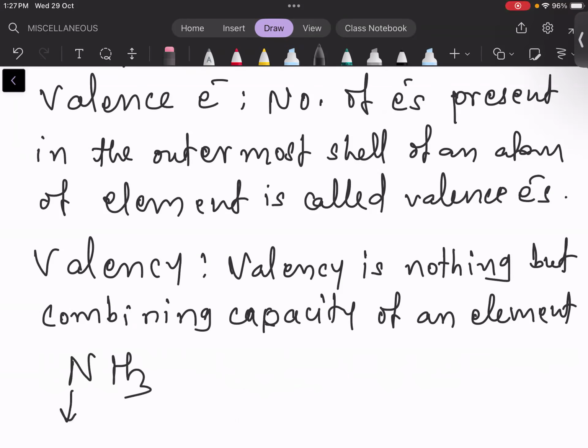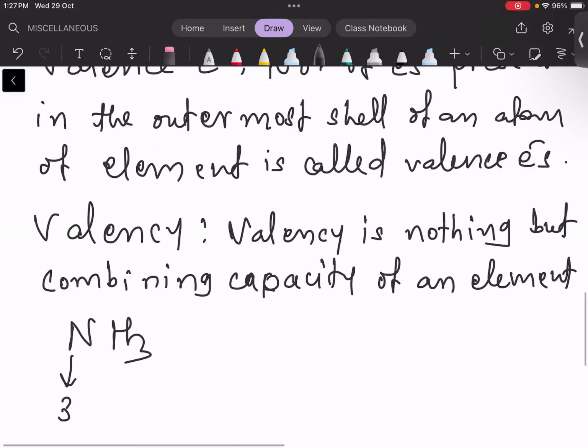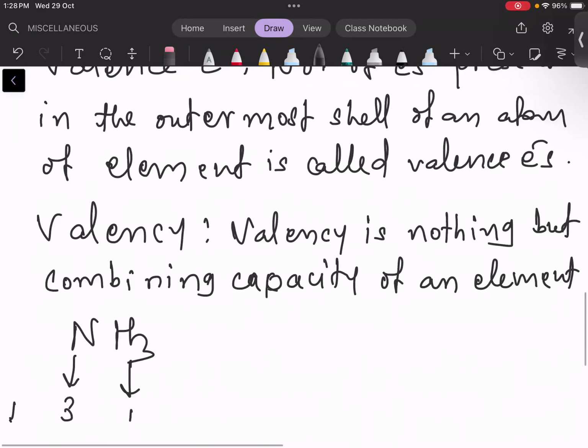For example, nitrogen combined with 3 hydrogen. So valency of nitrogen is 3. But 3 hydrogen combined with 1 nitrogen. So valency of hydrogen is 1. Similarly, 2 hydrogen combined with 1 oxygen.